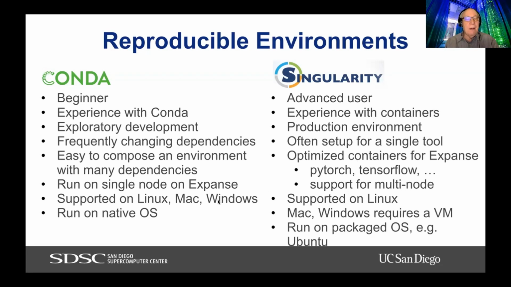The good thing about Conda is that it is supported on Linux, Mac, and Windows, so you can run it on basically any of your systems, whereas Singularity only runs on Linux. If you run Singularity on Mac or Windows, you would need to install a VM to run it on, because it needs Linux. The good thing about Conda is it runs on your native operating system.